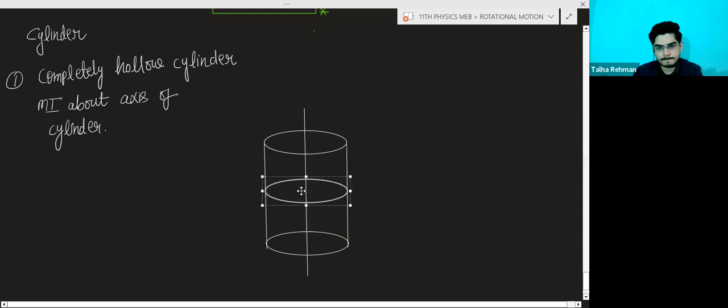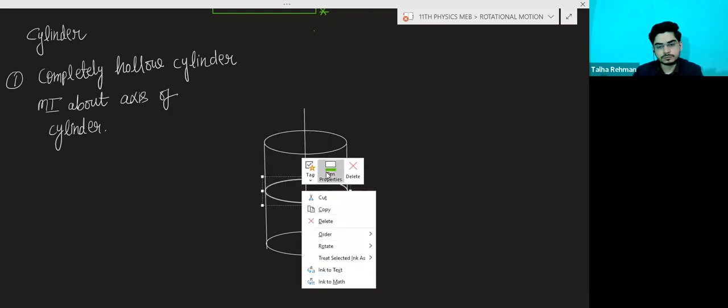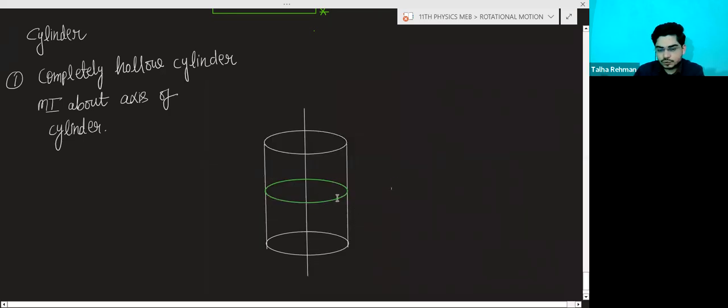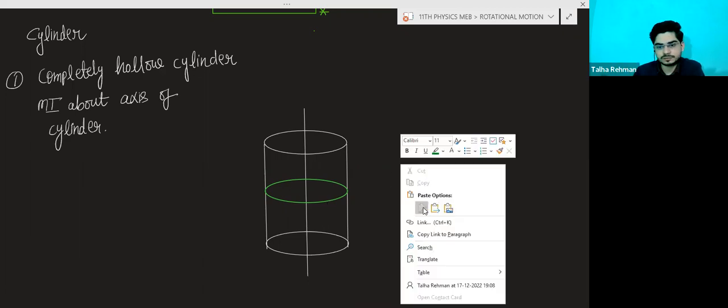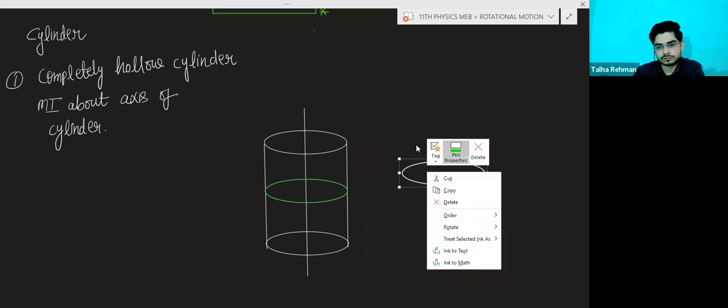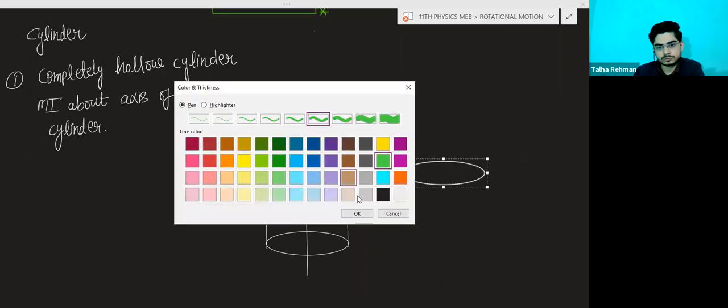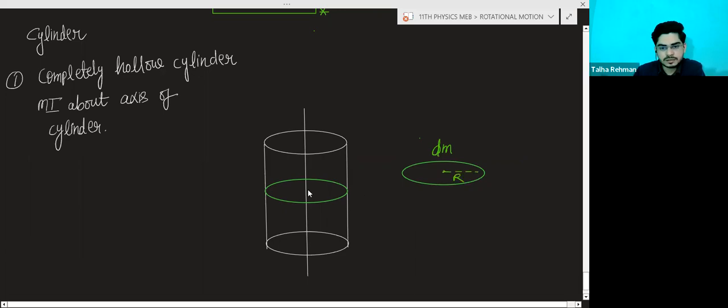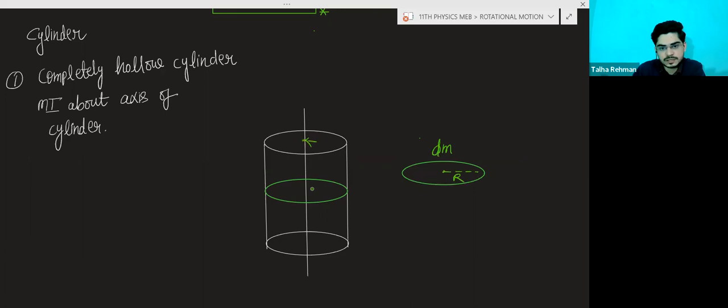You have just assumed this thing, so this will be a ring, a small elemental ring. This is a small elemental ring of mass dm, and the radius will be the radius of the cylinder. So r is the radius of this cylinder.